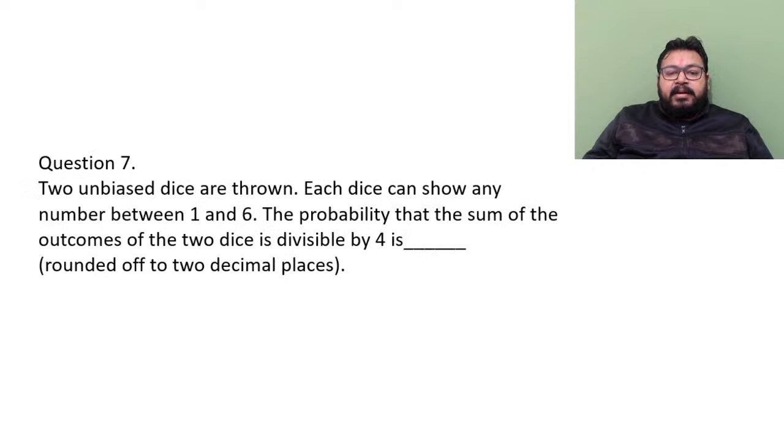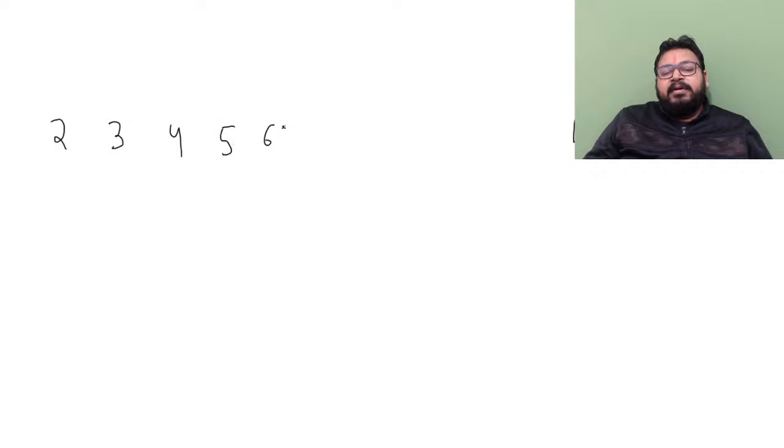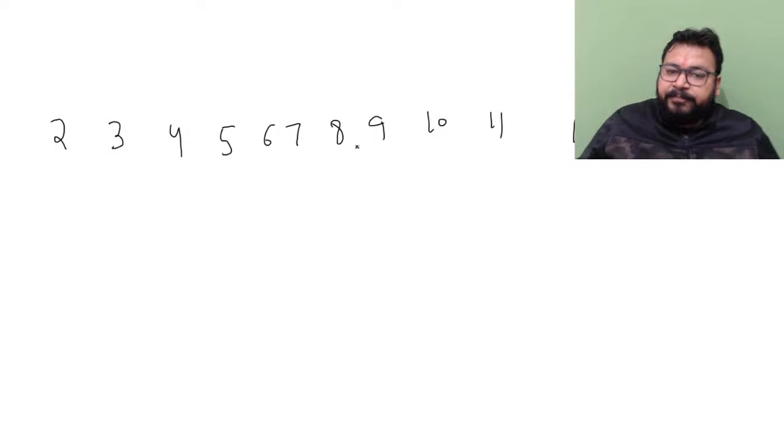Okay, 36 cases. And what are the possible sums of the outcomes? When the case is 1 1, the sum is 2. When the case is 6 6, the sum is 12. And in between all the sums are there: 2 3 4 5 6 7 8 9 10 11 and 12.